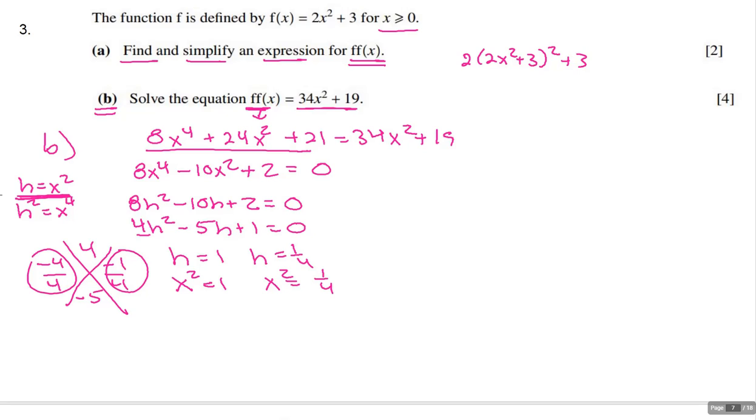So now what do I do? You take the square root of each side. Square root, square root. So this is going to become an x, and what's this going to become? Plus or minus 1. And what's this going to become? Plus or minus 1/4. All right, are we done?